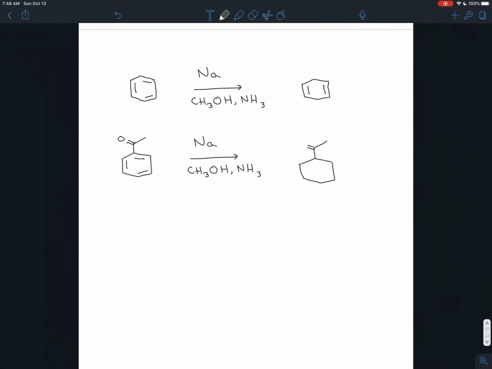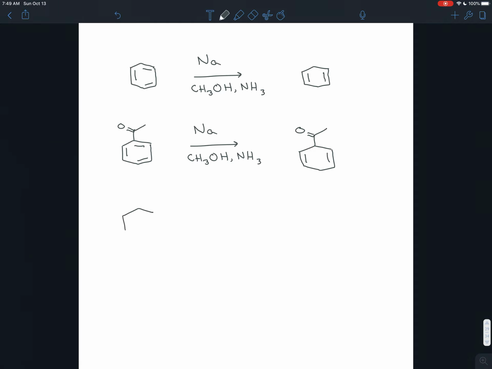So the branch that has the electron withdrawing group, that carbon is always the one that gets the hydrogen. In other words, that's always the one that is not going to be in a pi bond. The pi bonds will always be next door.